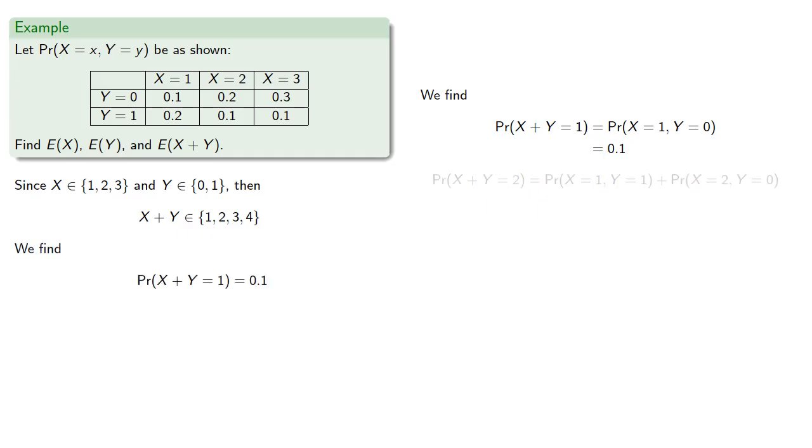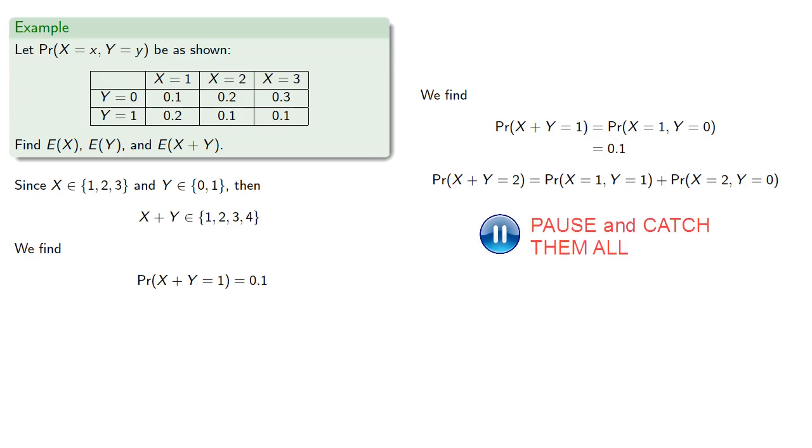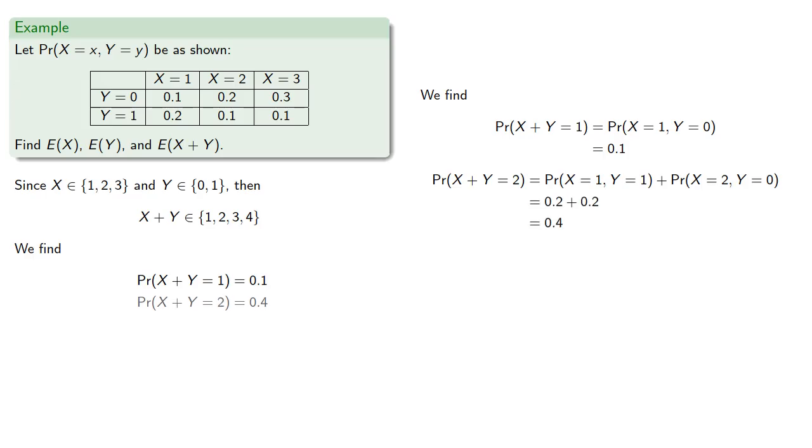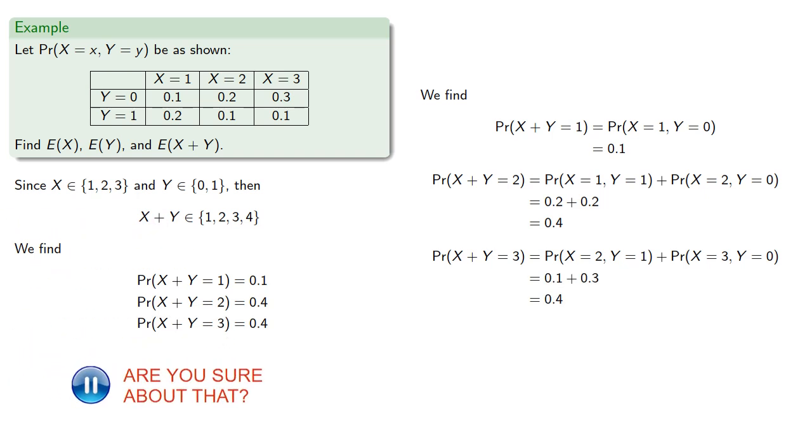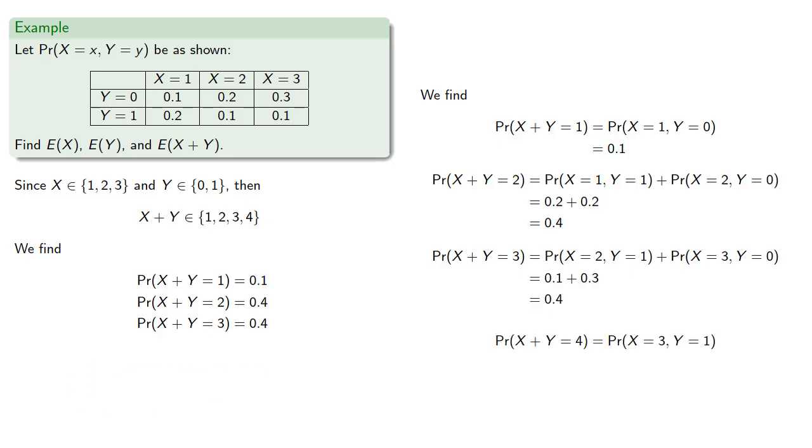If x plus y equals 2, this event can be, and so those probabilities are, and we get. If x plus y is 3, this can be caused by the outcomes, and so our probabilities are. And finally, if x plus y equals 4, the only way we can do that is if x equals 3 and y equals 1.